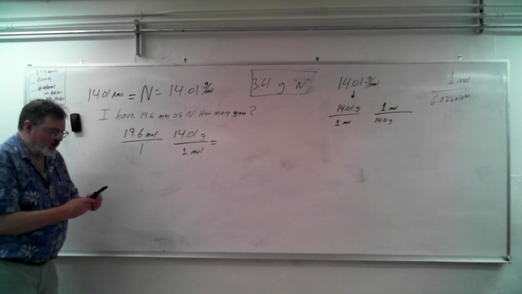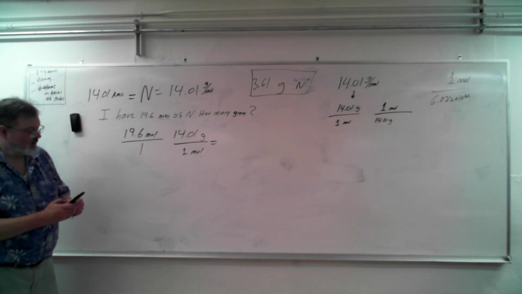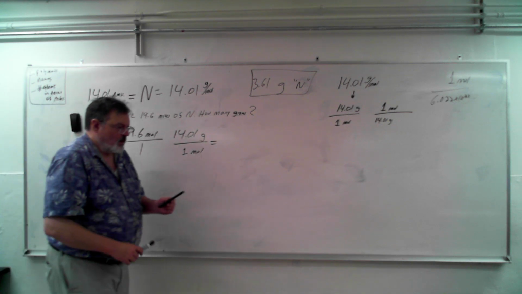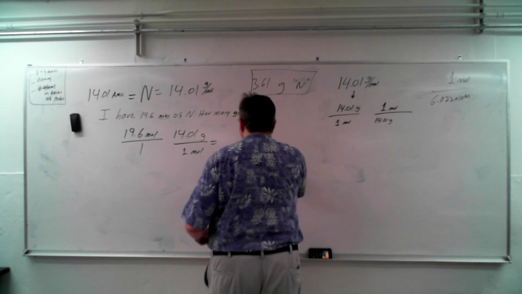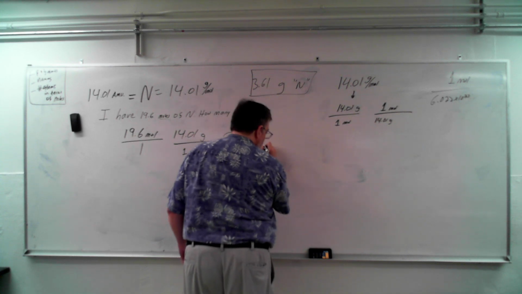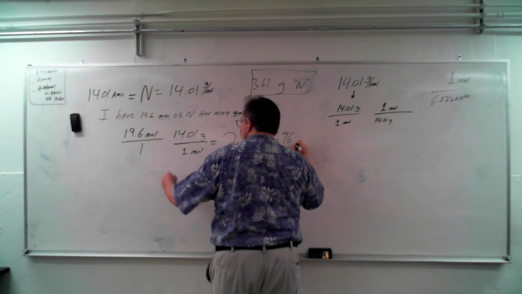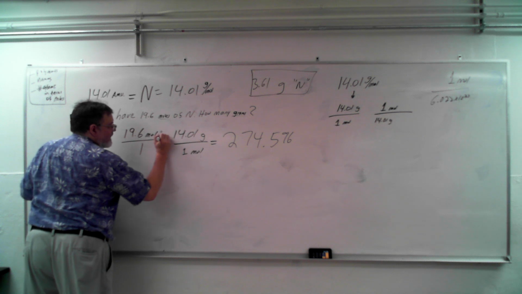So this time we calculate across: 19.6 times 14.1. Calculator says... and cancel the mole. I should have the label there.